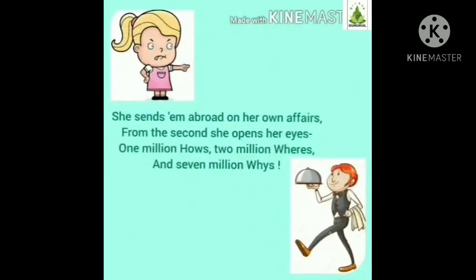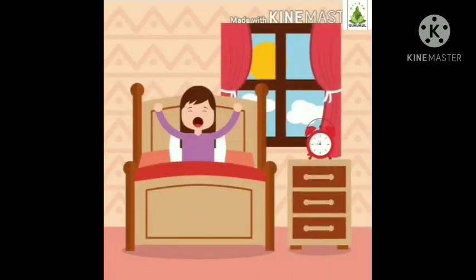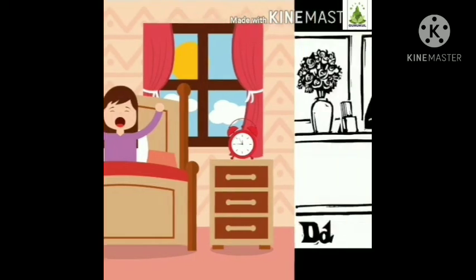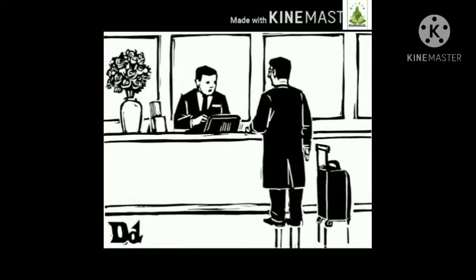She sends them abroad on her own affairs. From the second she opens her eyes, 1 million house, 2 million wares, and 7 million wives. The moment she opens her eyes, she sends them to various places to do her work.